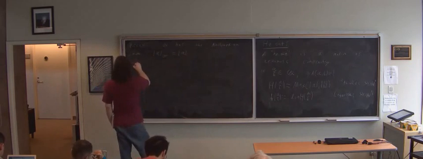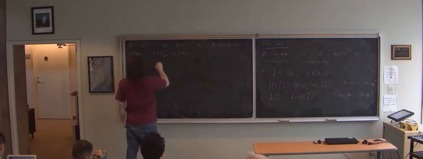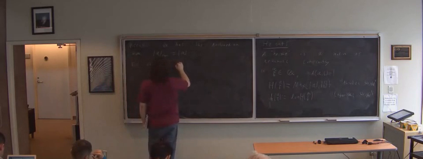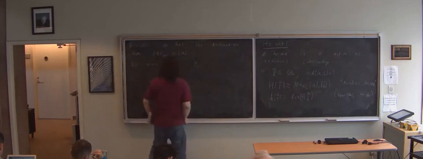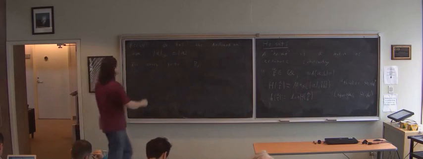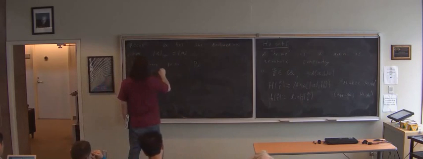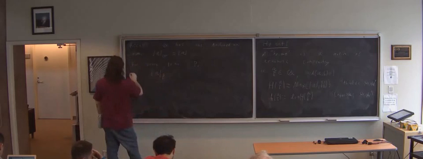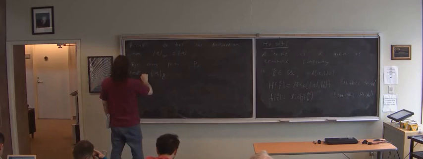And also, for every prime P, we can define the p-adic norm of A. Here I'm going to assume A is an integer not equal to 0.